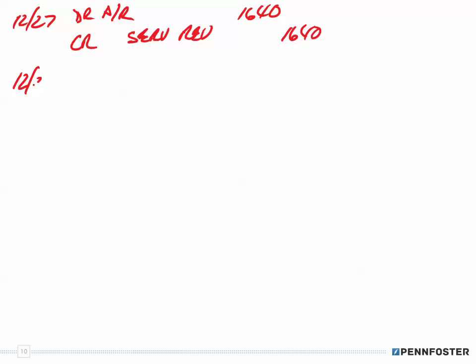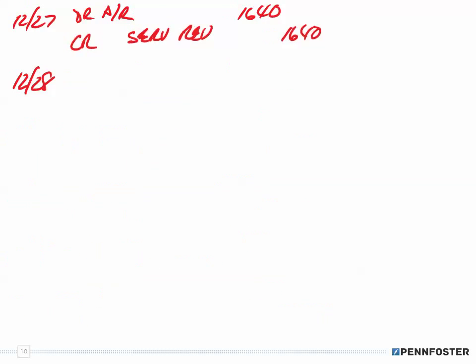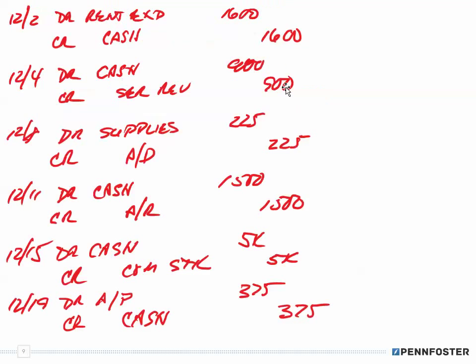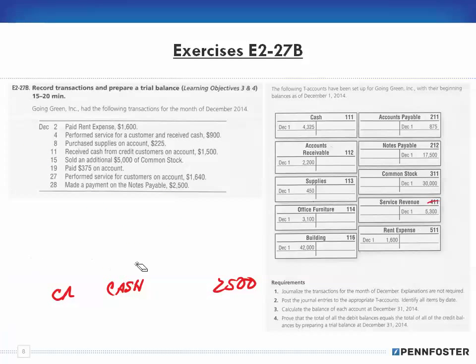And then for the last entry, 12/28, that was a notes payable and a cash. Okay. So I have a debit to notes payable and a credit to cash for 2,500. Okay, now those are my journal entries. So I did part number one in this requirement, okay, where I journalized the transactions. All right, so there's my journalized transactions for the month.